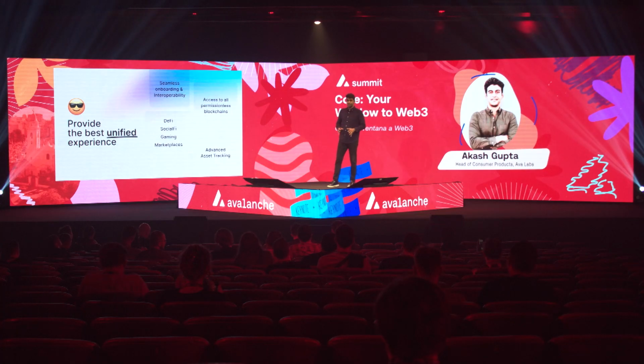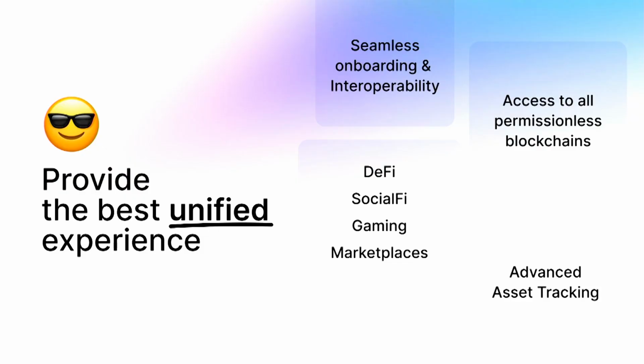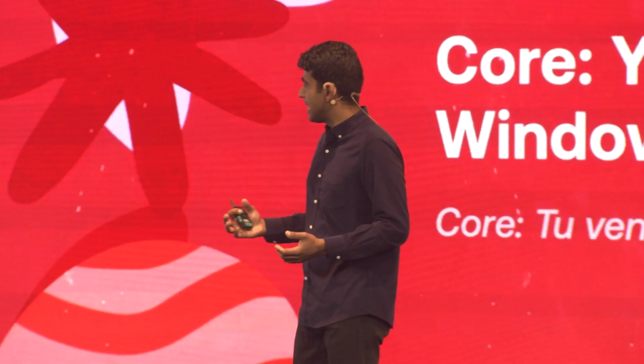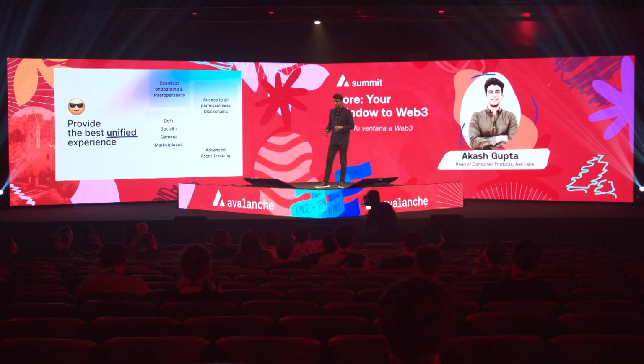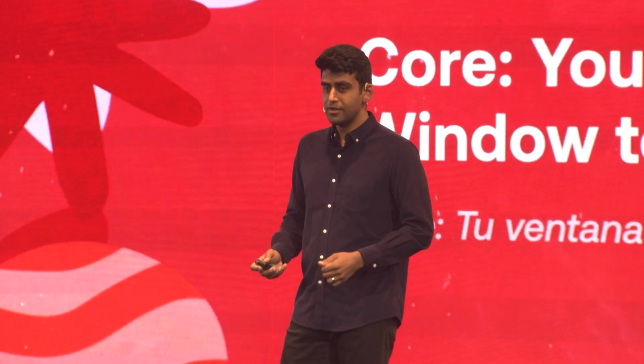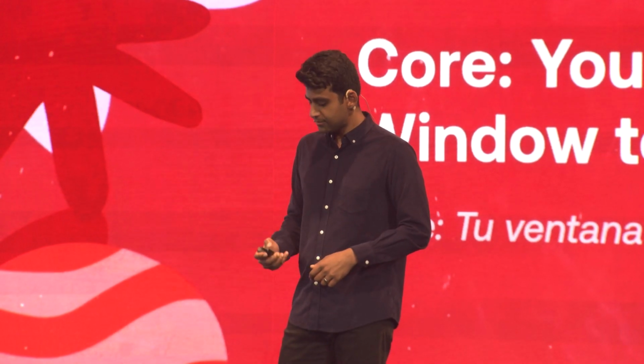We don't want to go to multiple different dApps, multiple different wallets, and have that fragmented experience all over again. And we're playing this game for the long run, right? In addition to that, of course, we will be able to have advanced tracking of your assets across all these chains. And despite there being multiple wallets today, there's no one wallet that really makes sure that we're providing what the user's been always craving for. Users want a one-stop shop and a unifier that I mentioned earlier. Core is here to change that.